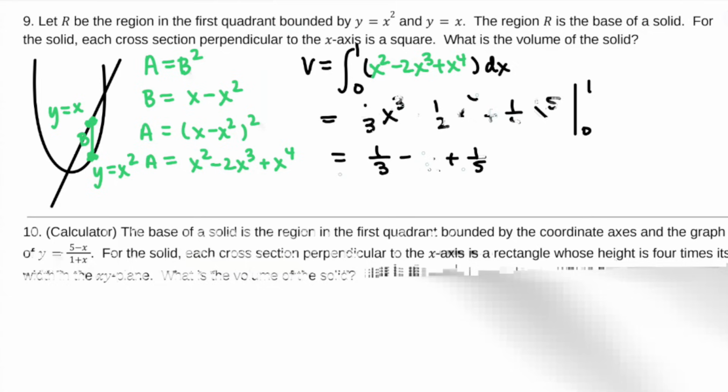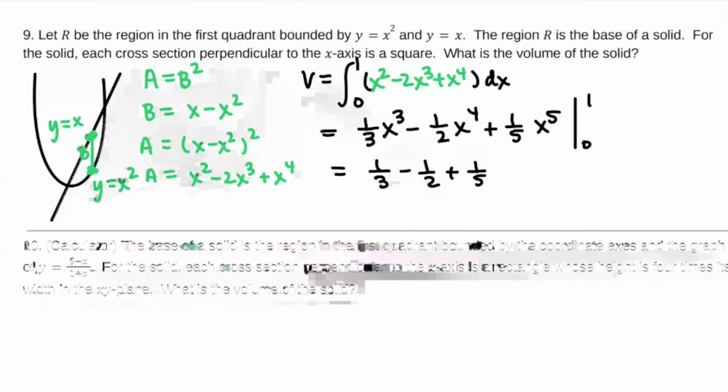Okay, now this would be a safe place to stop on the quiz or the test, and I'm going to have to reset the connection here in a minute. If I needed to get that to a common denominator, that's 10 out of 30 minus 15 out of 30 is net negative 5 out of 30 plus 6 out of 30. I feel like that's going to be positive 1 over 30.